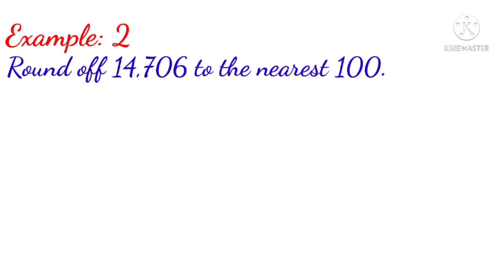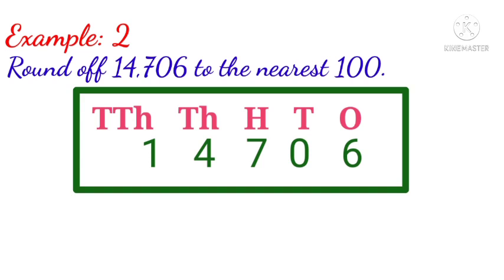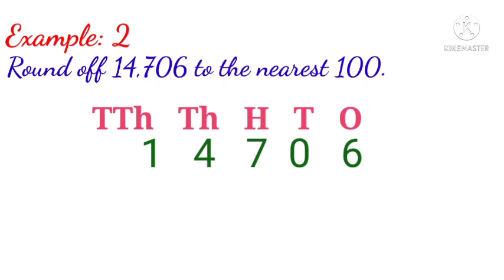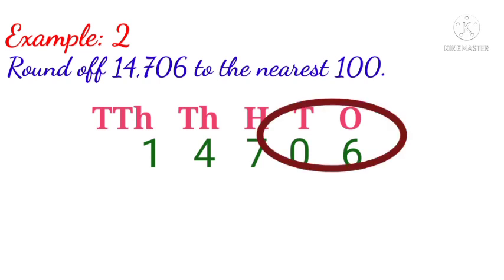Step 1. Arrange the given number in a place value chart. Step 2. Identify the place to be rounded. That is, in 14,706, the hundreds place should be rounded off to the nearest hundred. Step 3. Check the digits in tens and ones places.